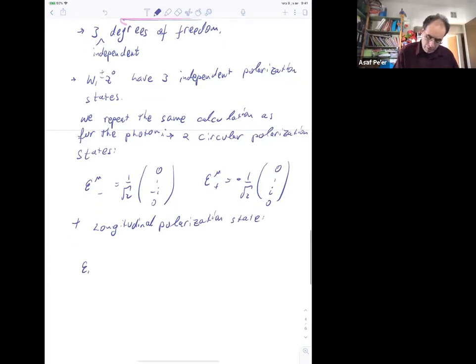It's called epsilon longitudinal. And since it's subject to the Lorentz condition, if we have a particle that moves in the z direction, I can simply write it as 1 over m, that would be the normalization, (pz, 0, 0, E).